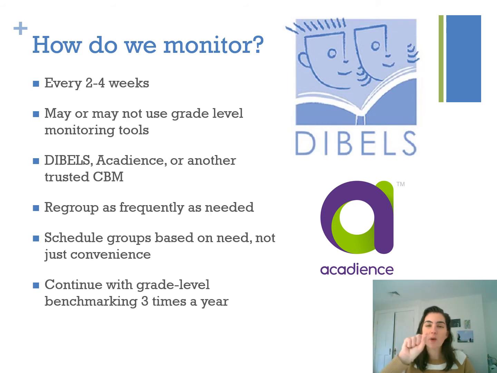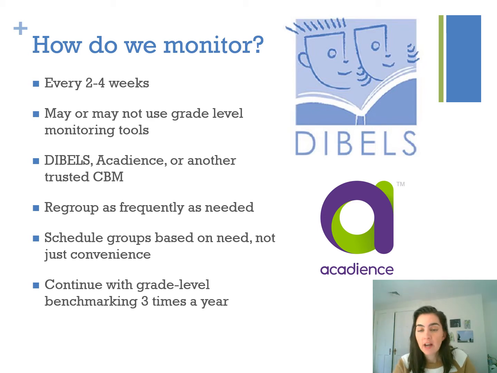But if you have all those data points on the graph, that might serve you well if you're working towards special ed eligibility, or if you're really concerned about some really low students and you don't want to go down the wrong path for too long if it's not working. Then I would suggest very frequent monitoring. I mean, once a month would be appropriate as well, but sometimes every 2 weeks could be helpful.